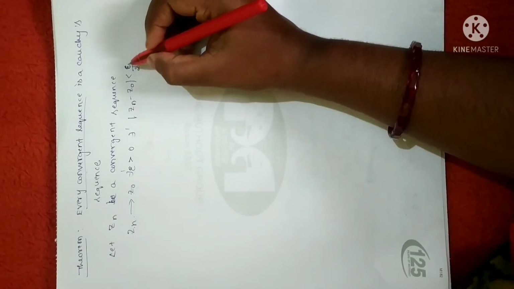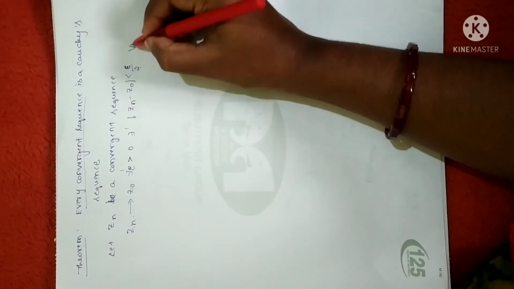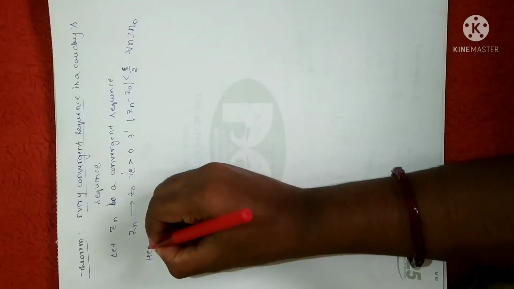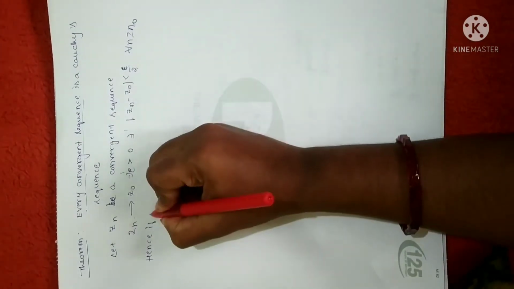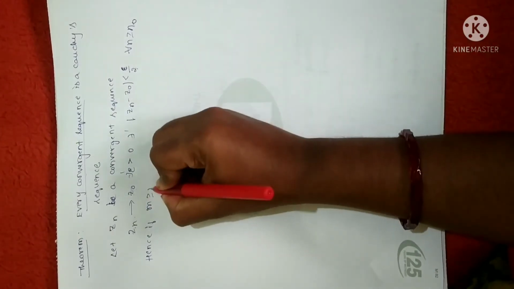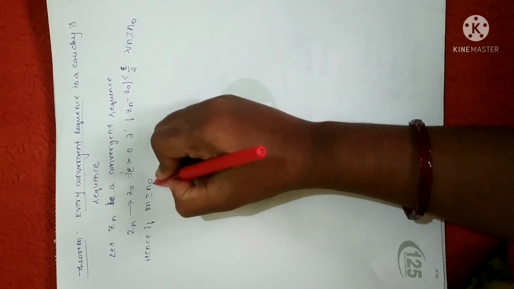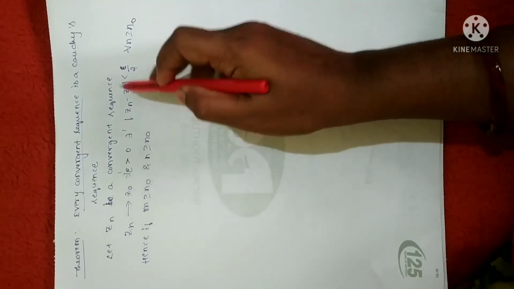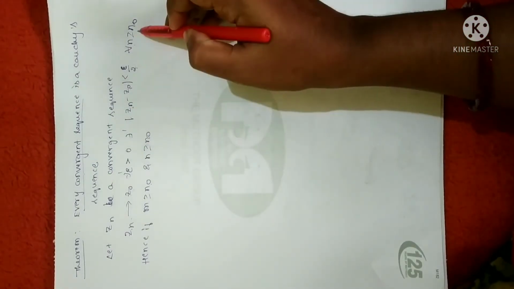So here, instead of epsilon, I choose epsilon by 2, for all n greater than or equal to n_0. This convergence condition is true for all elements with n greater than or equal to n_0.